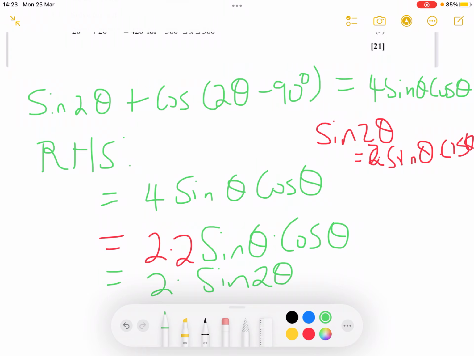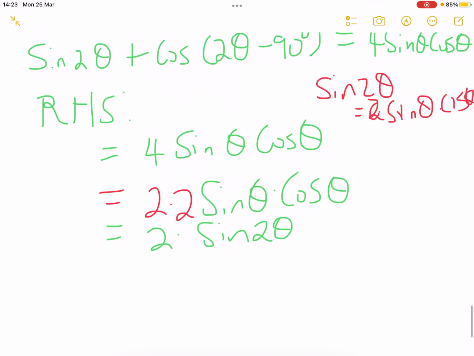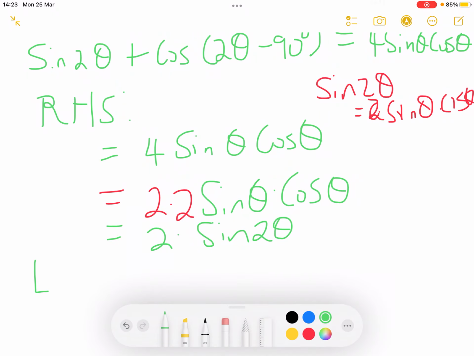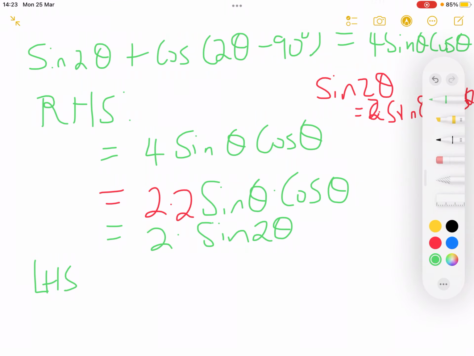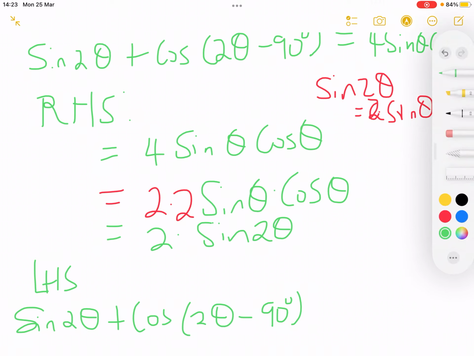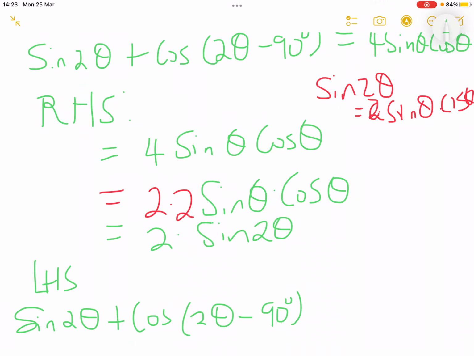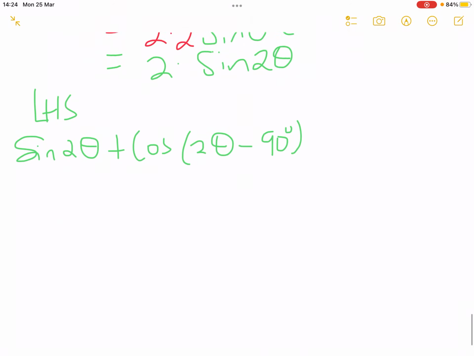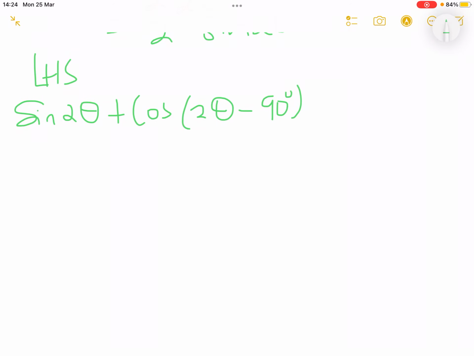Okay, now we work through the left hand side. The left hand side is sine 2 theta plus cos of 2 theta minus 90 degrees, which we can turn into the following two identities.